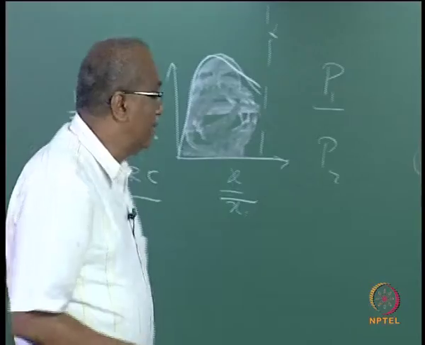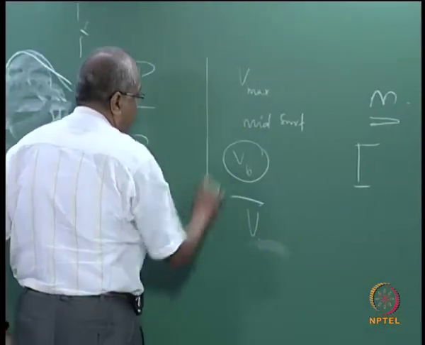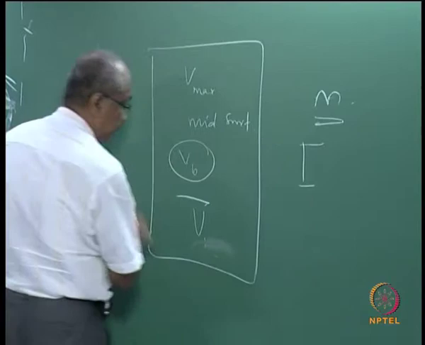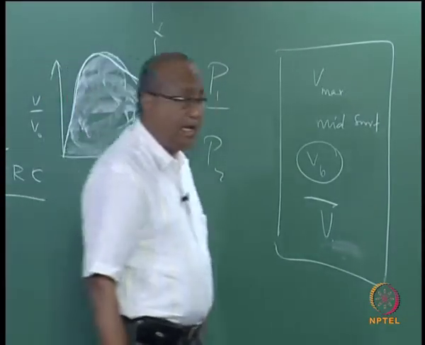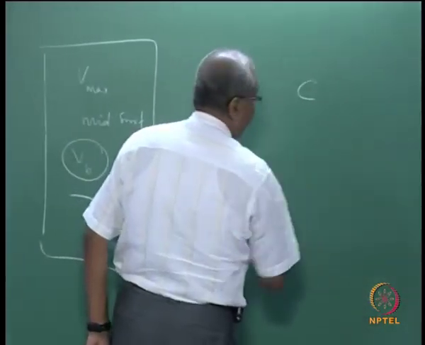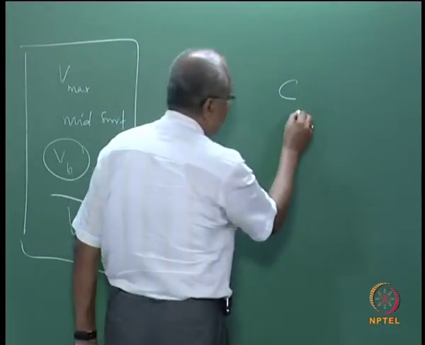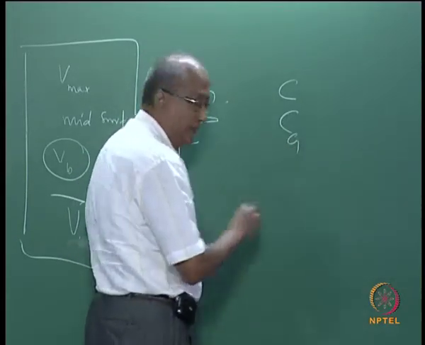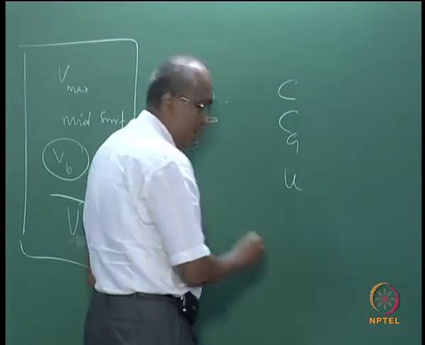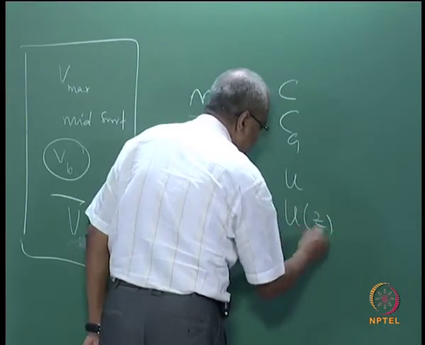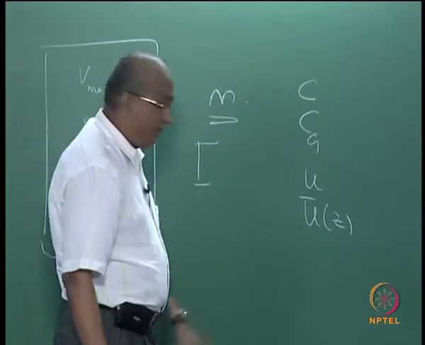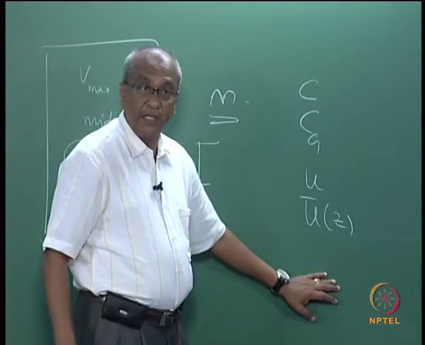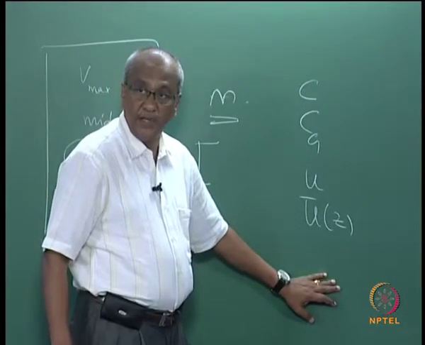So now please recollect how many kinds of velocities we are dealing with. Earlier we had celerity, group celerity, orbital velocity, mass transport velocity. In fact, we have rip current velocity, which we have not gone into the details of.